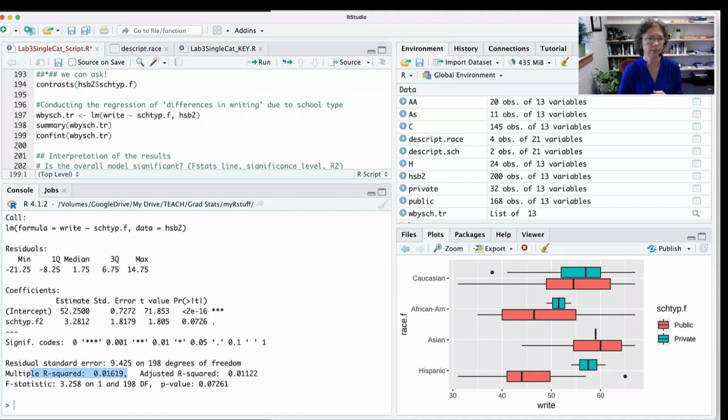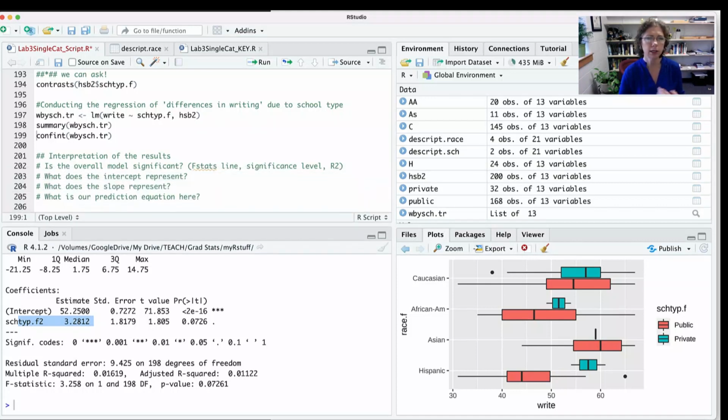The coefficients themselves: the intercept, that b sub 0, is 52.25. And the regression coefficient of the target, the one coded 1, is 3.28. So looking at these results, is the model significant?